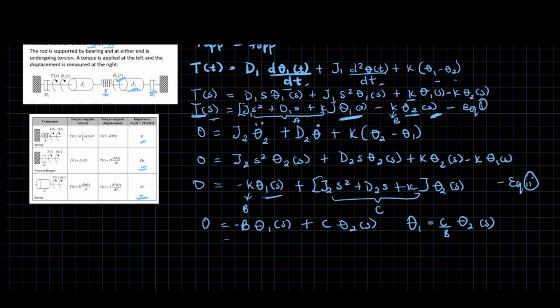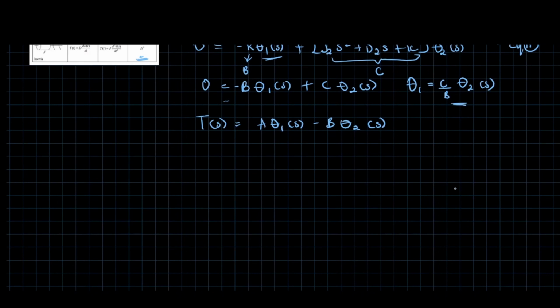This equation became T s equals A theta 1 s minus B theta 2 s. Put this into it, and it's going to become AC over B theta 2 s minus B theta 2 s. Since theta 2 s is repeating, might as well just take it out. Here, make the LCM. It's going to be AC minus B squared.